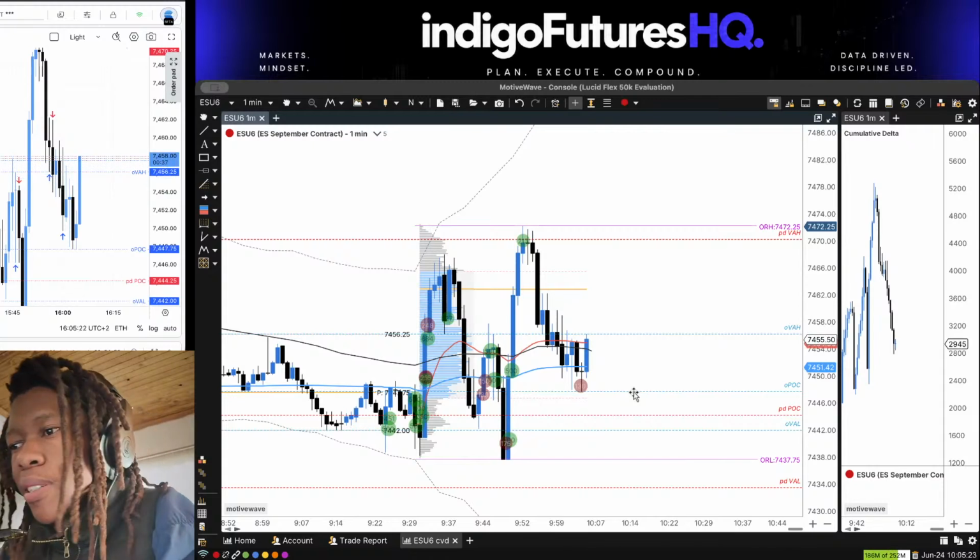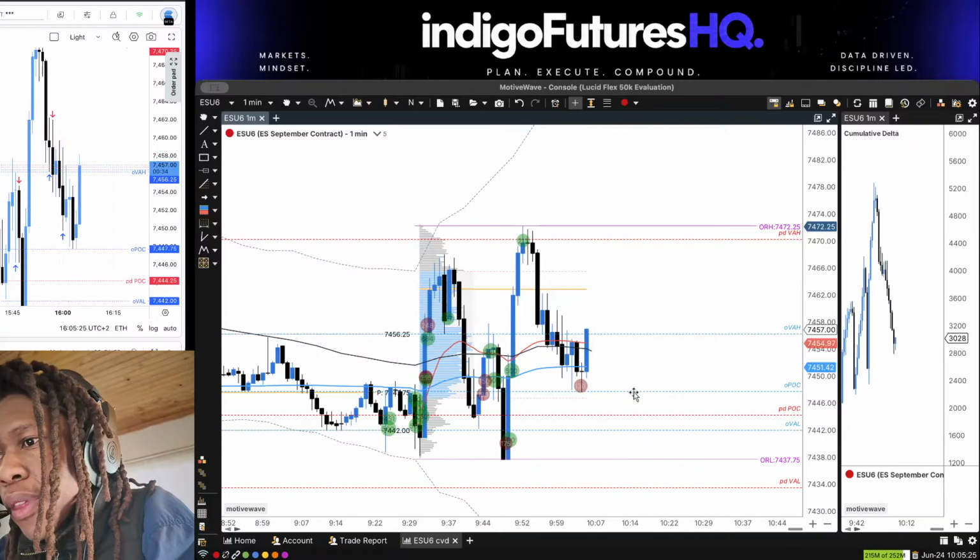Very clean. Overnight value area high again. I mean, there's some buying volume coming in on the CVD, but the point of control is also shifted lower, so that could be indicative. We could be here for a little while.